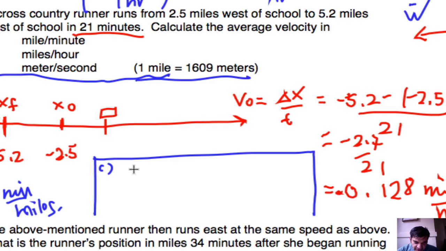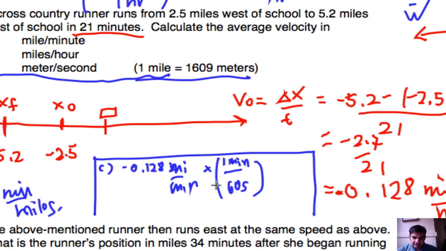So part C. We're going to take negative 0.128 times, and that's miles per minute. Then we're going to remember that in 1 minute there are 60 seconds, because we want to get rid of minutes on the bottom and replace it with seconds.